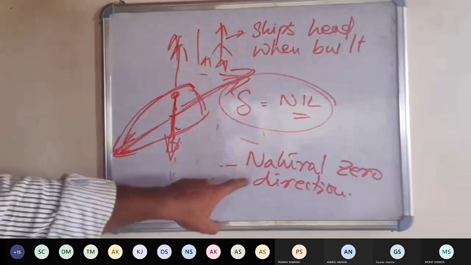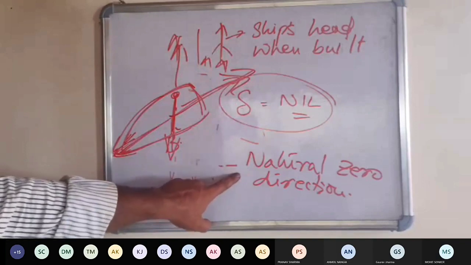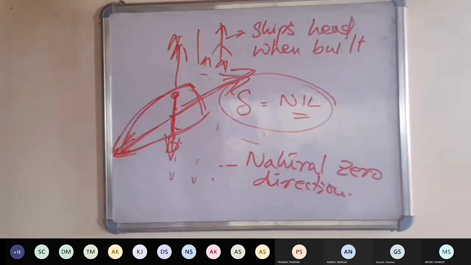The other end, 180 degrees, will be called the natural zero direction. Ascertain yourself that on those headings the deviation will be nil. Please do that exercise for me. Try to get your understanding clear. Make a diagram by yourself and talk to yourself, teach yourself.